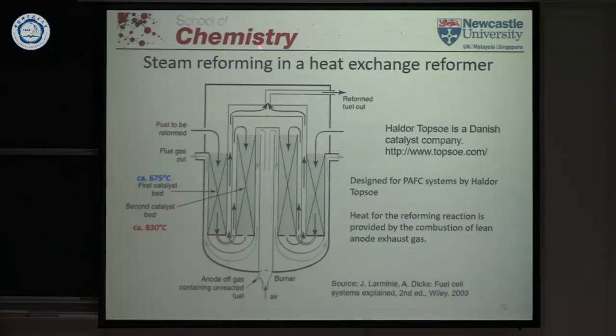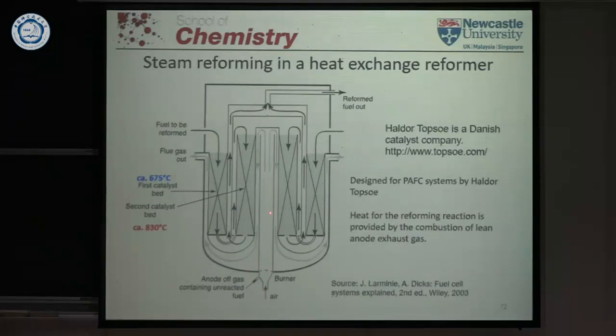The important aspect about all this reforming, we had discussed this last time, is that the steam reforming reaction itself is endothermic, which means you always have to supply heat to the reaction, otherwise you're not able to drive the reaction fast enough. And so any construction of a reformer requires a heat source. And what they have done here is to use a heat exchanger as an integral part of the reformer.